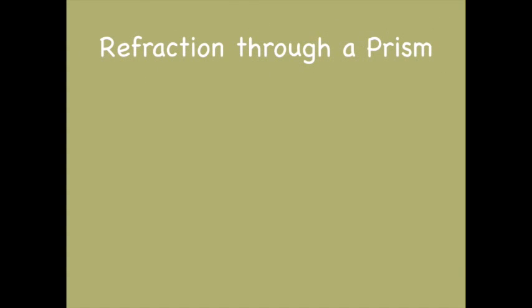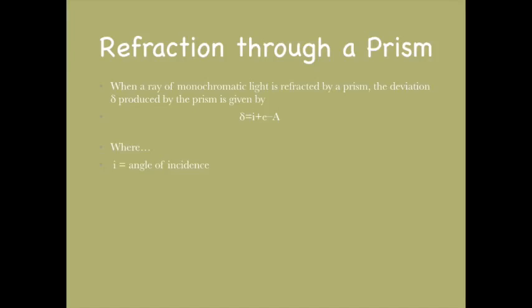Now let's study about the refraction through a prism in detail. So when we say a ray of monochromatic light is refracted by a prism, the deviation is given by the formula delta equal to i plus e minus A, where i is the angle of incidence, e is the angle of emergence, and A is the angle of the prism.